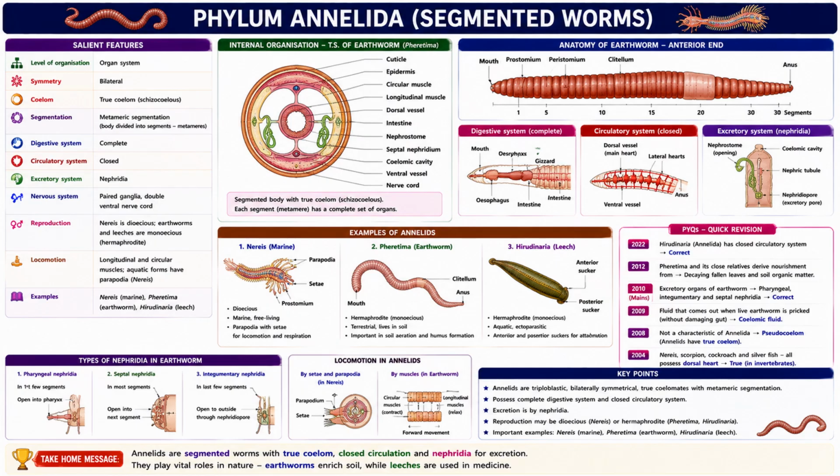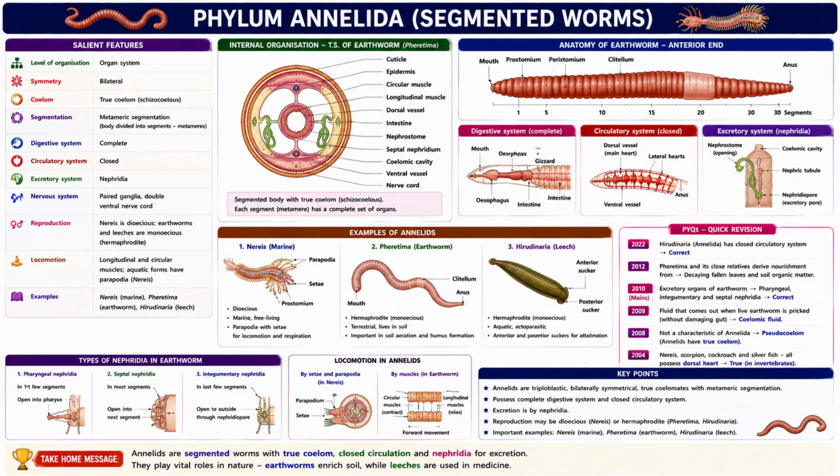Paired ganglia, double ventral nerve cord, nervous system. Nereis is dioecious, earthworms and leeches are monoecious, that is hermaphrodite. Longitudinal and circular muscles, and aquatic forms have parapodia, Nereis, as part of the locomotory structures. Examples are Nereis, marine, Pheretima, earthworm, and Hirudinaria, leech.